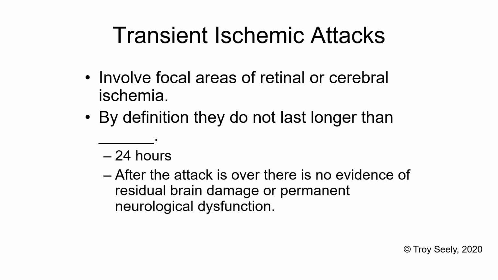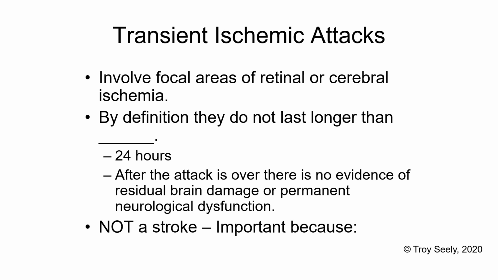And after the attack is over, there is no evidence of residual brain damage or permanent neurological dysfunction. So in that sense, they are not a stroke, because a stroke will have signs and symptoms that present for longer than 24 hours, and a significantly higher likelihood of the presence of permanent neurological dysfunction or residual brain damage.